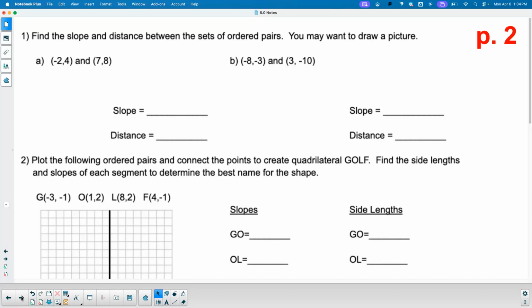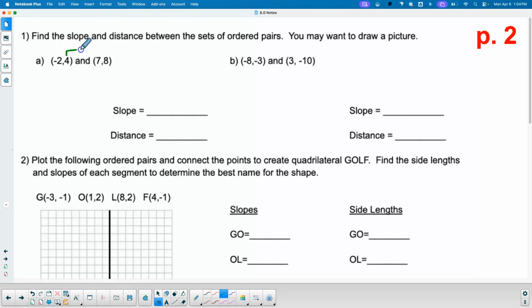So subtract the y's over subtract the x's? Yep, exactly. That's exactly what it is. We subtract the y's over subtracting the x's.